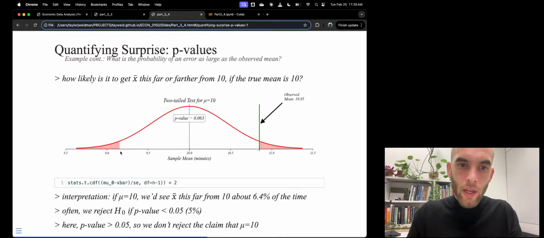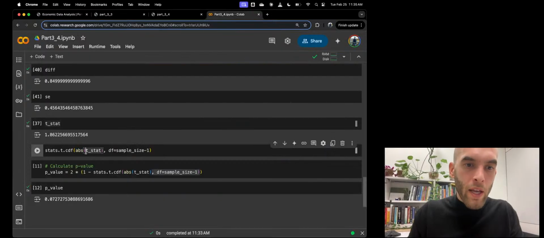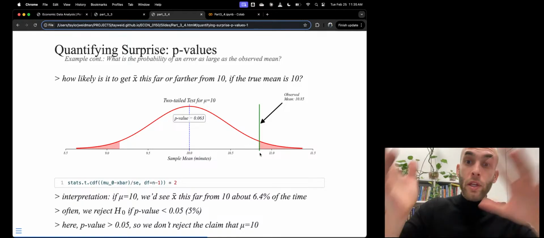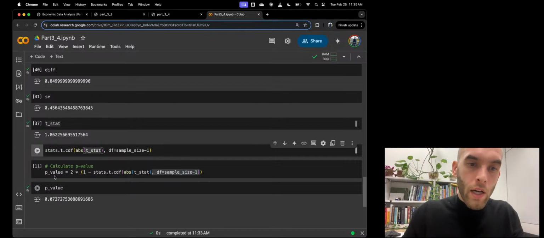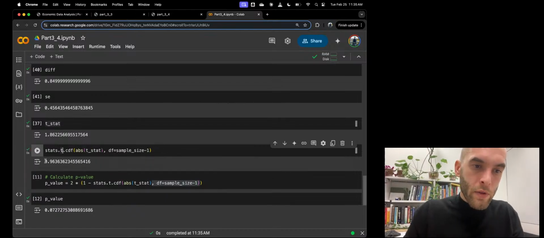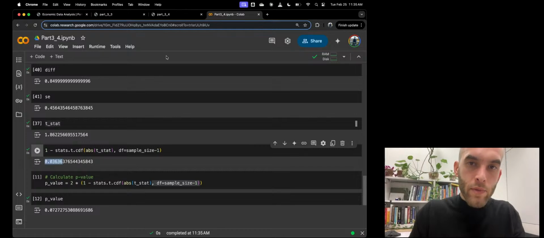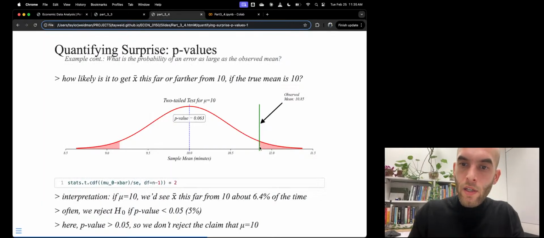So we essentially want to look at one of the tails versus the other. And if we put an absolute value on it, we're saying we're actually just going to look at this line here and then find everything below, which will give us something that's close to 100%. So to find just the area of one tail, we take 1 minus this. The CDF gives us everything under the curve before we hit this bar.